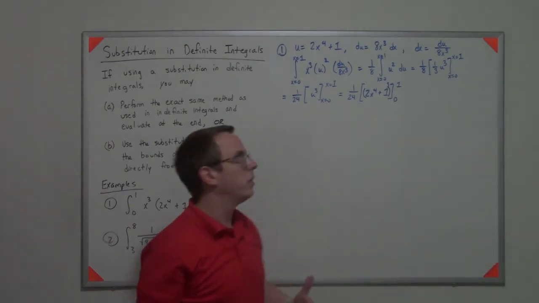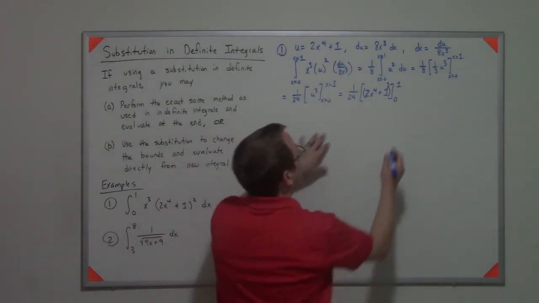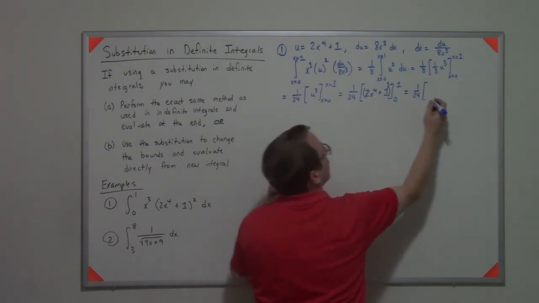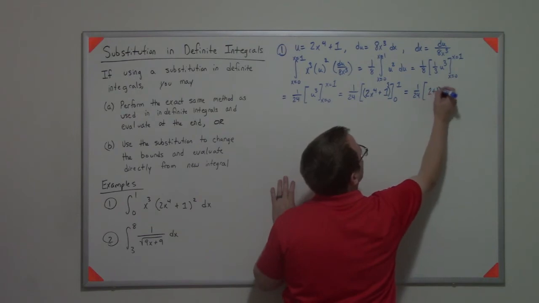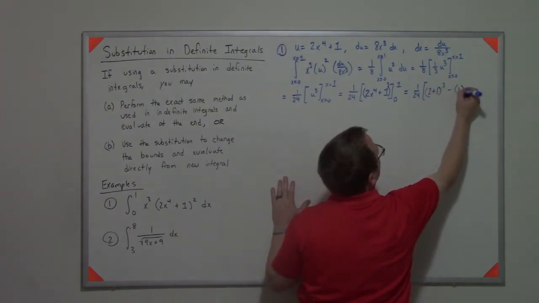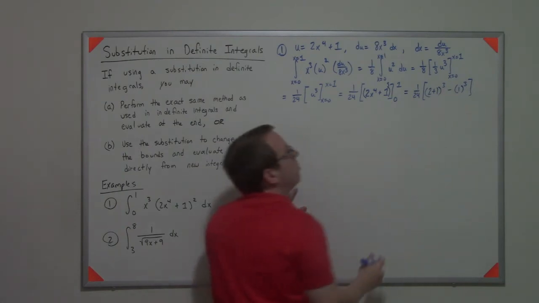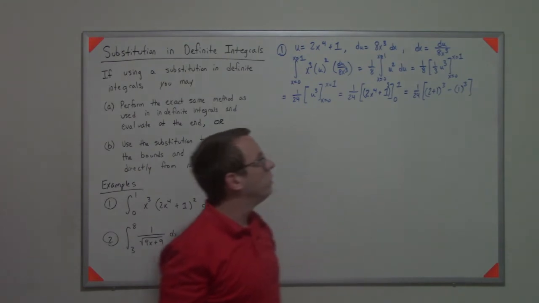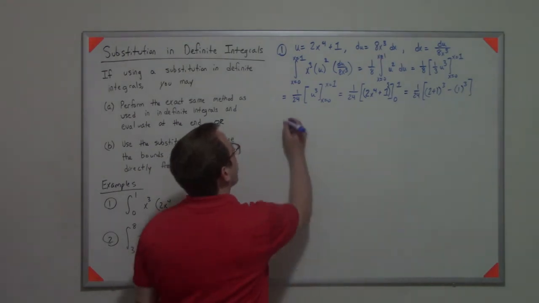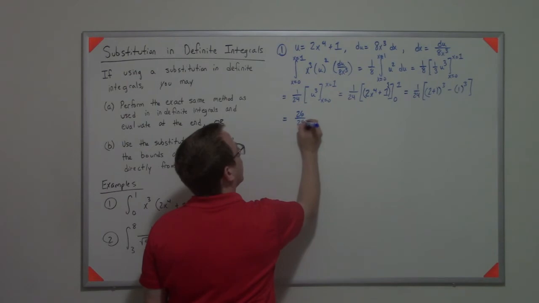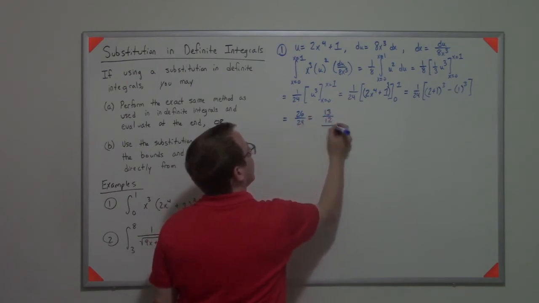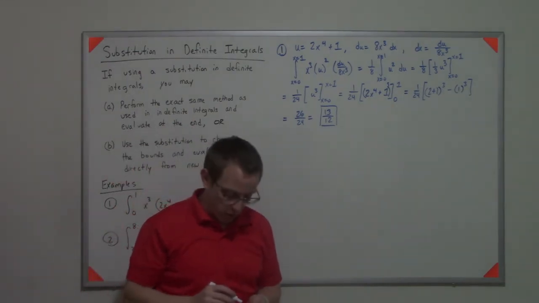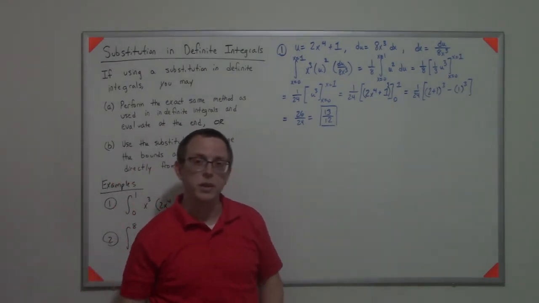You can't forget some stuff like that. So when x is 1, you get 3 cubed minus 1 cubed. So that's 27 minus 1, which is 26. 26 over 24, which is 13/12. My apologies, that's why you gotta have notes. You can't just go off the cuff.